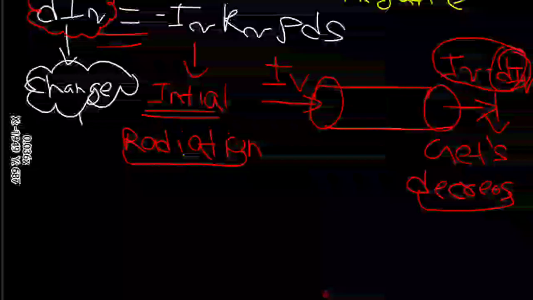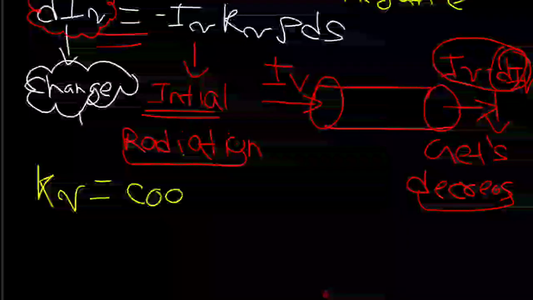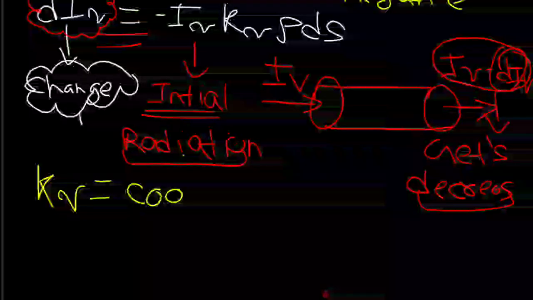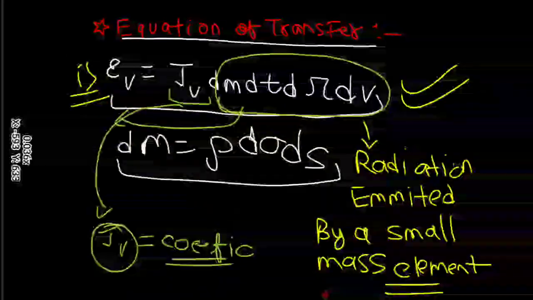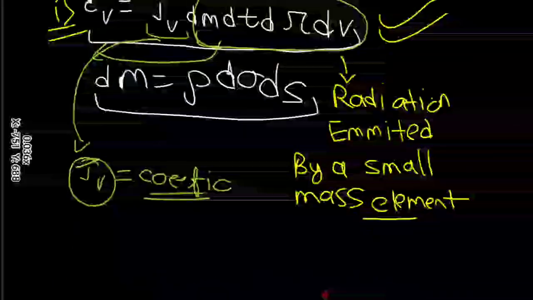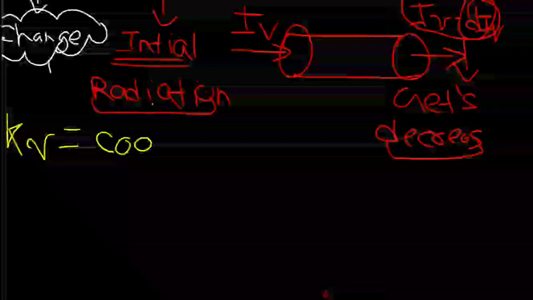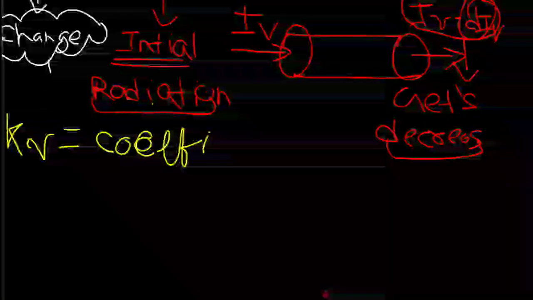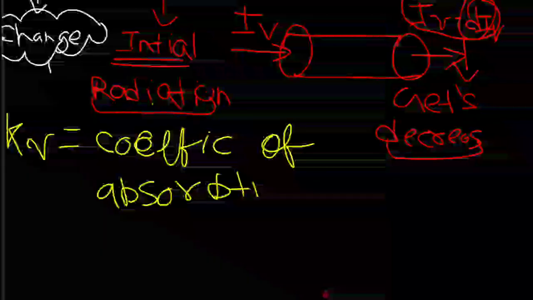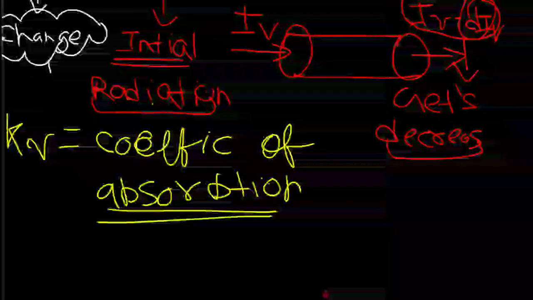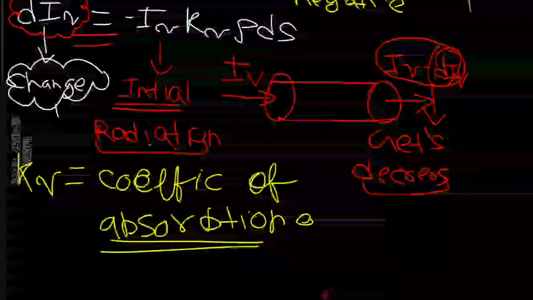Now discuss the second term in the equation, which is k mu. This is the coefficient, just like in the emission case we have the emission coefficient. In our second case, it's the absorption coefficient. This is the coefficient of absorption, and the next term is rho.